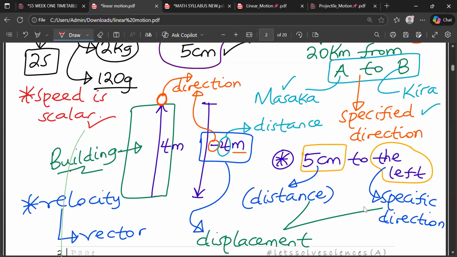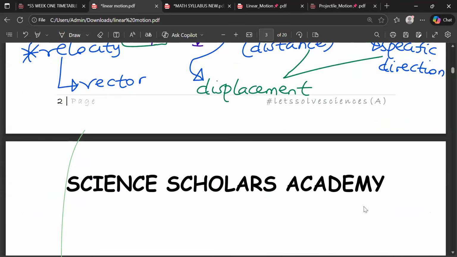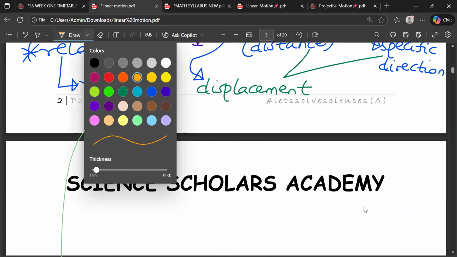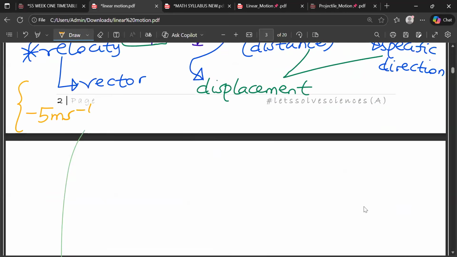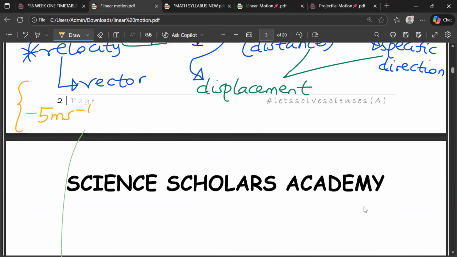That means for speed, you just say that my speed is 1 meter per second. That is speed. Don't add on anything else. But for velocity, which is a vector quantity, you're free to say, I was traveling at a speed of negative 5 meters per second. Now the 5 meters per second is the speed. This negative is showing direction, so it becomes velocity, because it's a vector quantity.